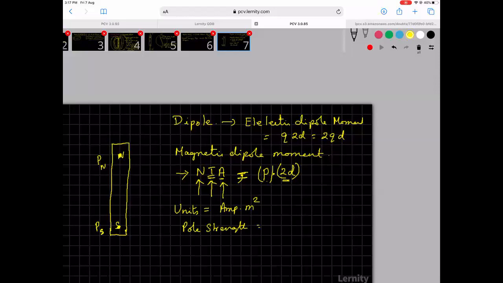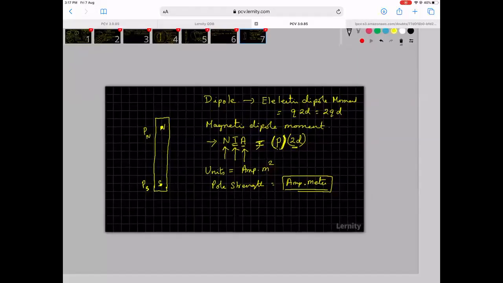Pole strength into 2d is the dipole moment of the magnet, and from there, the unit of pole strength is ampere meter.